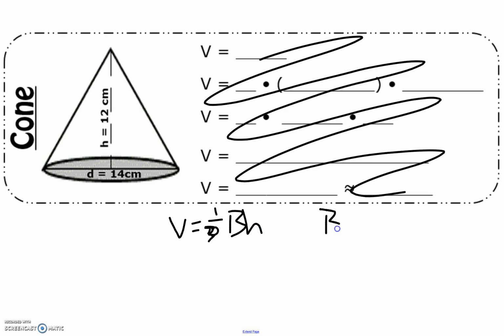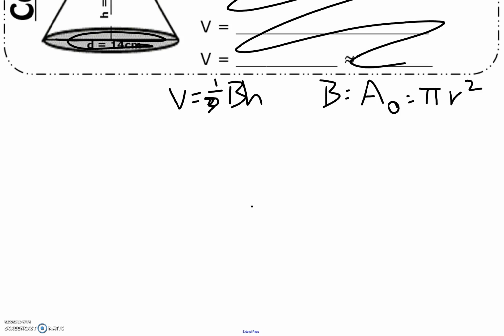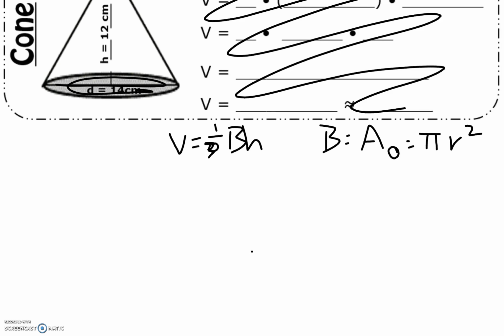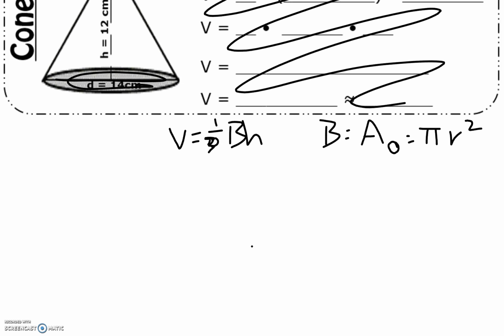And we know that B equals area of, well, your base is going to be a circle, so we know that that is pi r squared. So build our table. We have 1/3 pi r squared times height.